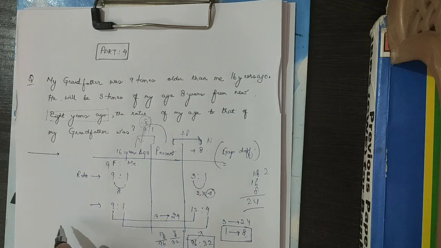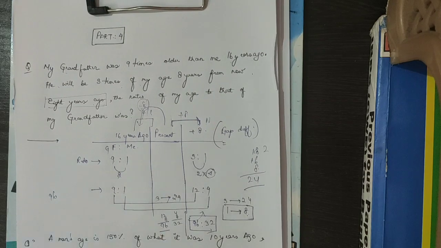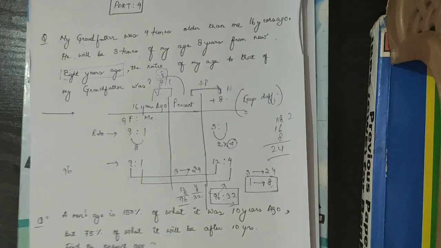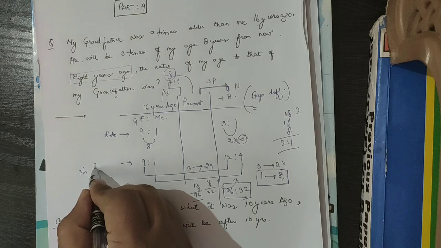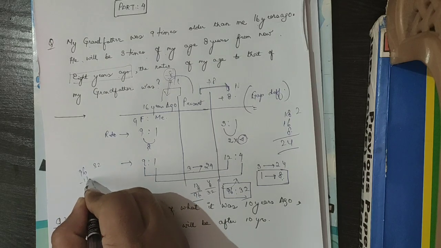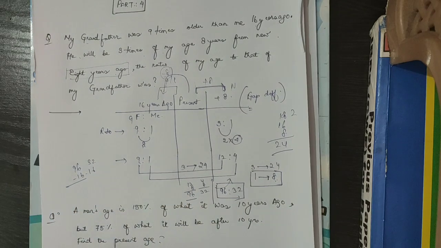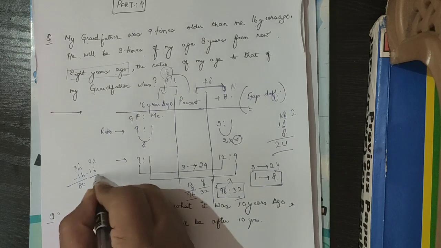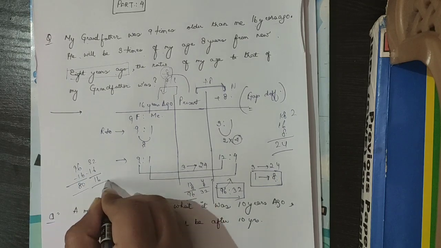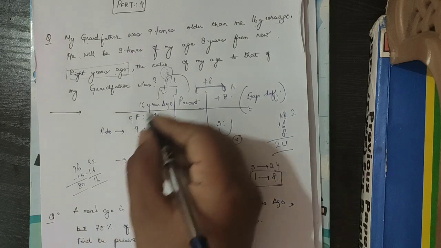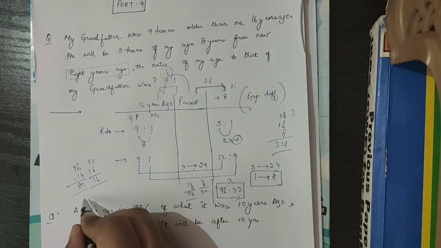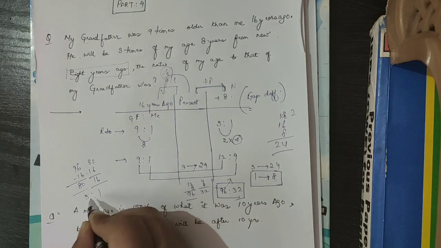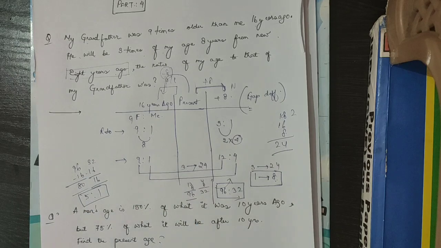So if we subtract 16 from 96 and 32, you will get the answer, that is 80 and 16. And if they ask in the ratio form, it is 80 to 16, which is 5 to 1. So this will be the ratio form.